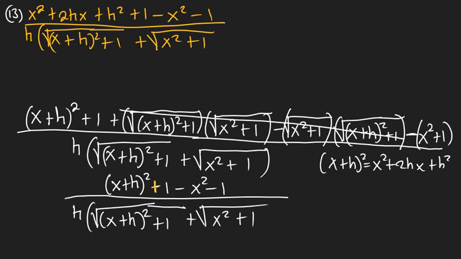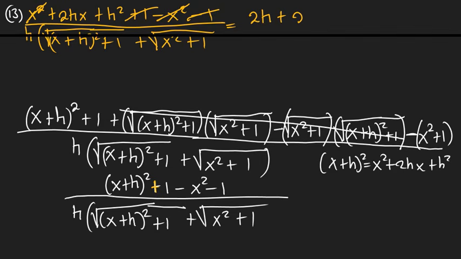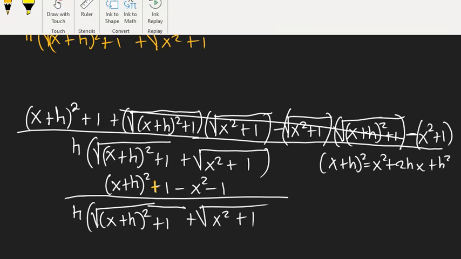Okay, so let's see what can cancel. Do we have anything? So that and that can cancel. This negative 1 and that positive 1 can cancel. Then we are going to remain with 2h plus h to the power 2.